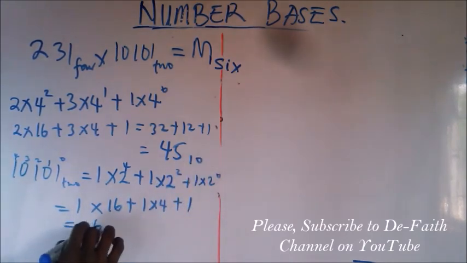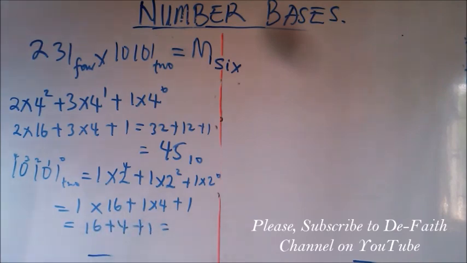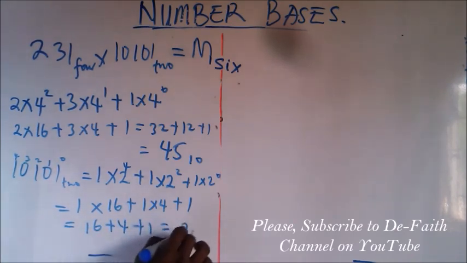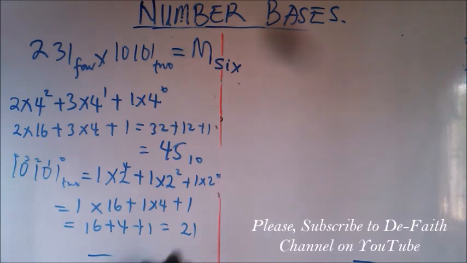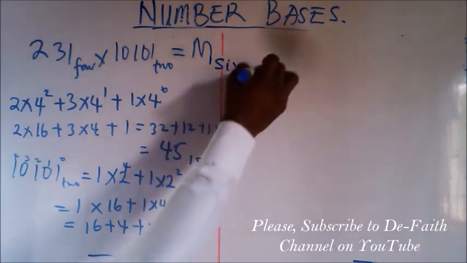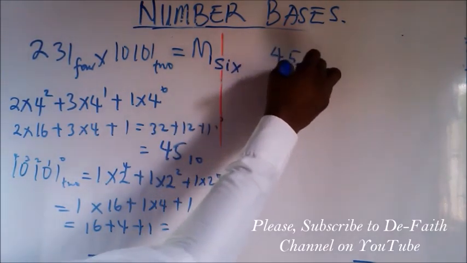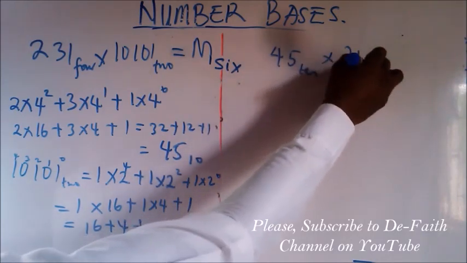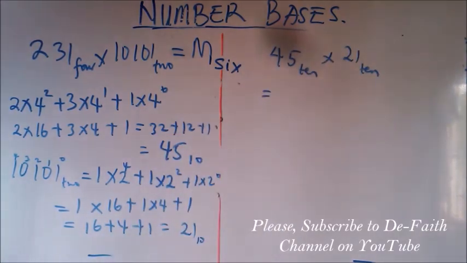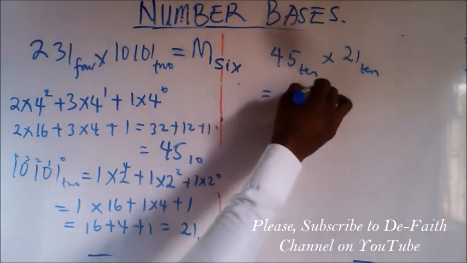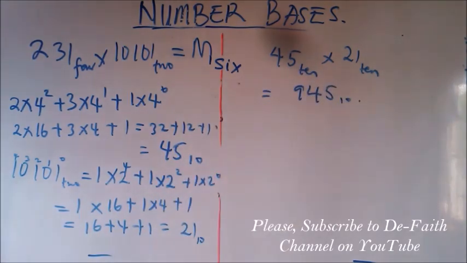So we are left with 16 plus 4 plus 1, and that is 21. So we'll say 45 base 10 times 21 base 10. When we multiply this, it gives 945 base 10. Now that's the answer in base 10.